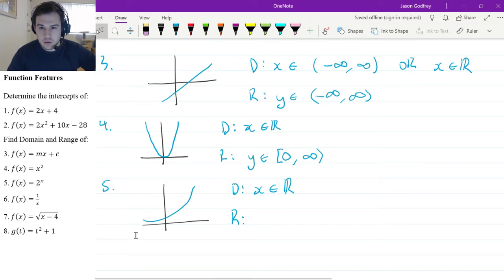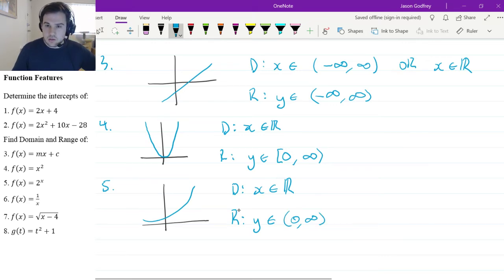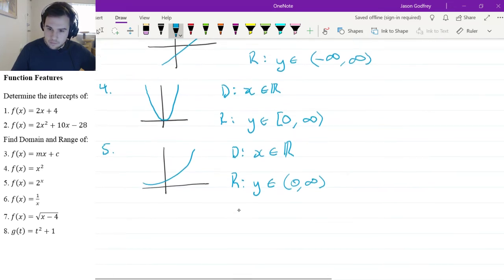There's no x value you can put into 2 to the power of x and actually get a value of 0. So this time, very, very similar to the parabola above, it goes from 0 to infinity, but because we're not including 0, it can't actually get to 0. The range is going to have an open bracket for the set with 0 there.